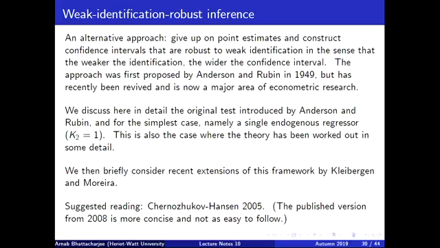So if beta 2 was identified, and you were trying to do a test of beta 2 equal to 0, your power of the test would look like something like this. This is the beta 2 value. You have seen power functions earlier, right? So it looks like something like this. That is a typical case for point identification.